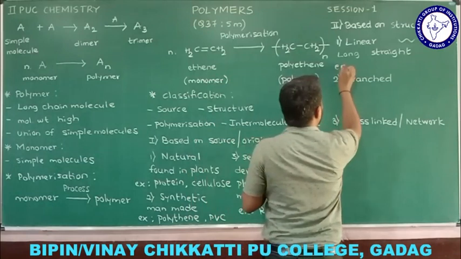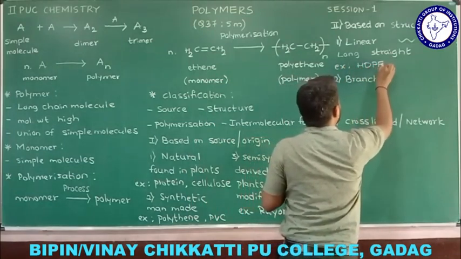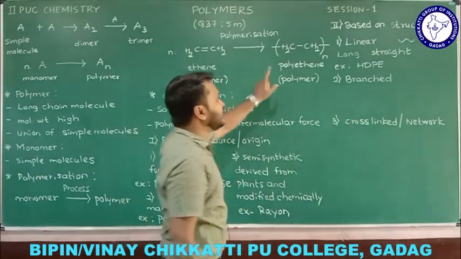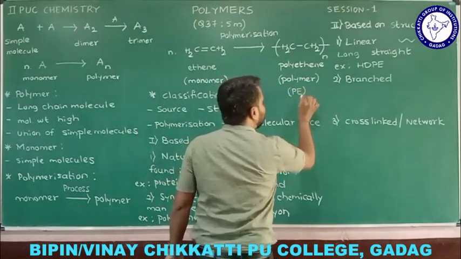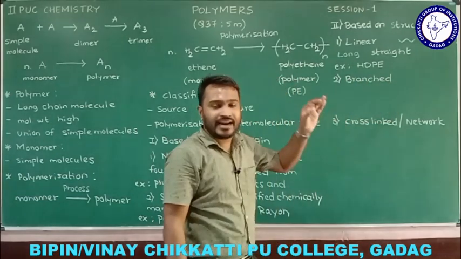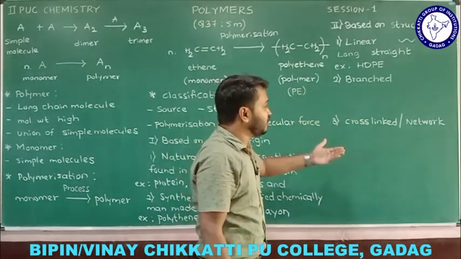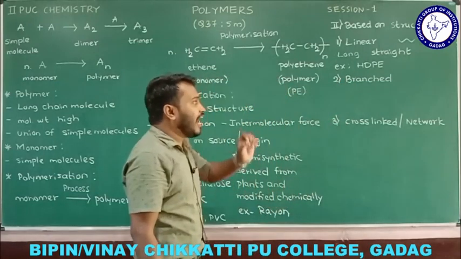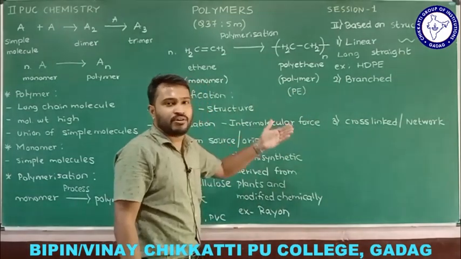One example I am going to consider is HDPE. Try to know polythene, you can also call it PE. So PE stands for polythene, and HDPE stands for high density polyethylene. Later we are going to know about the reaction and structure. Right now remember, HDPE stands for high density polyethylene, and that is an example of linear because the structure is long and straight.